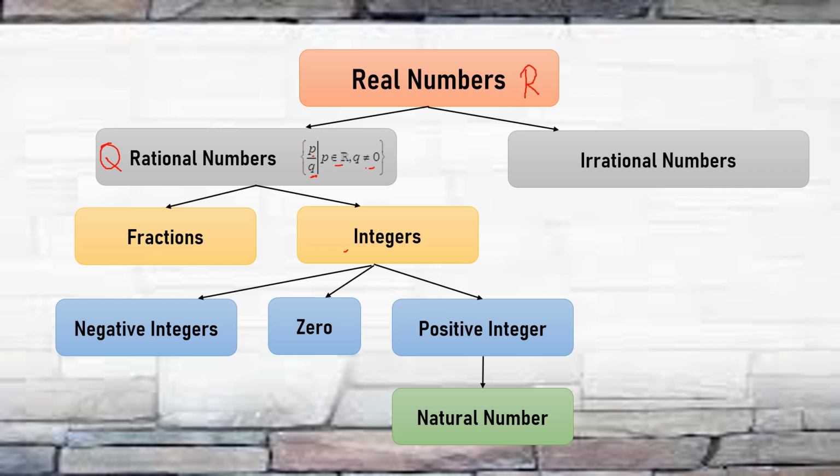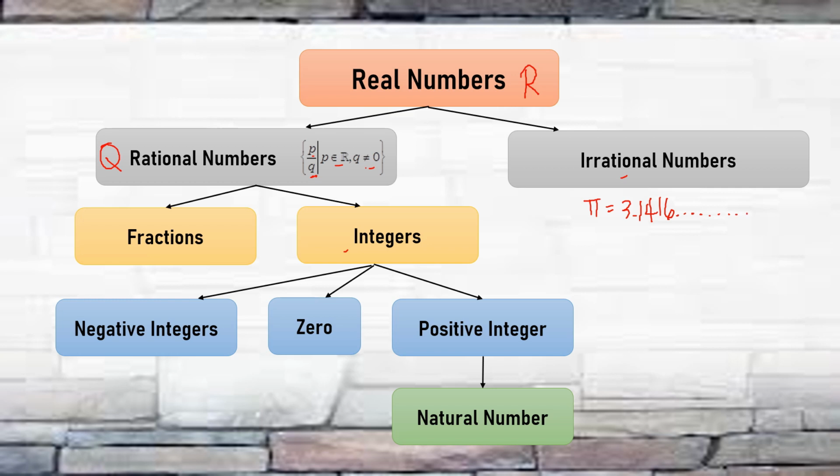Pero kapag ang sagot nyo, halimbawa, you divide the two numbers and then the answer can be decimal numbers, which are non-terminating, non-repeating decimals. So, irrational number siya. Halimbawa, yung number ng pi, 'di ba? This is 3.14, 16, and so on. Mahaba yan.